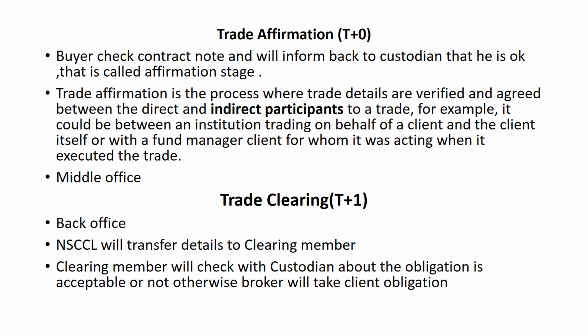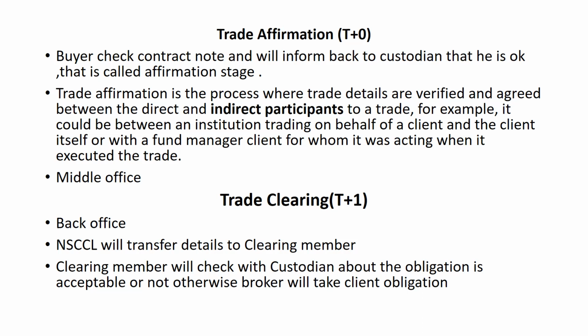Suppose Zerodha is the broker, and he wants to buy a share on behalf of an institutional investor. Suppose the institutional investor wants to buy a TCS share at a price of 3,000 rupees, but somehow the broker has bought it at 3,050 rupees or 3,010 rupees, and then the broker sends the contract note to the investor or the custodian to confirm that he is okay with this.